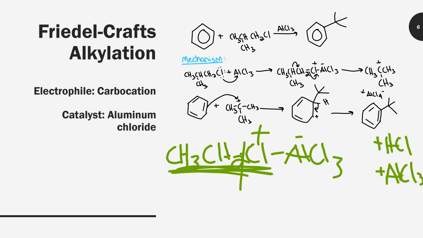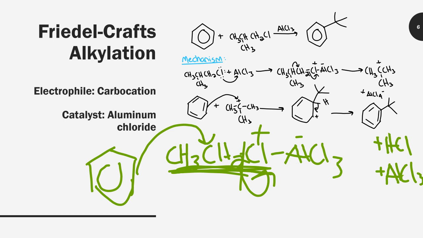But I also can't rearrange. So what will happen is I'll add this entire thing to the ring, and then it can break. So that is one of your options: you're about to form a primary carbocation, but you can't rearrange, so you'll add the entire thing with the catalyst still on it.